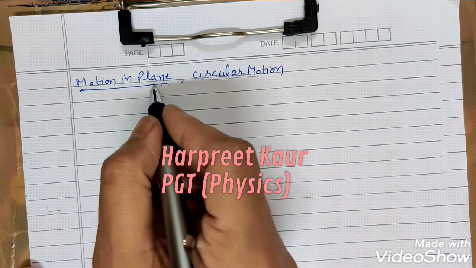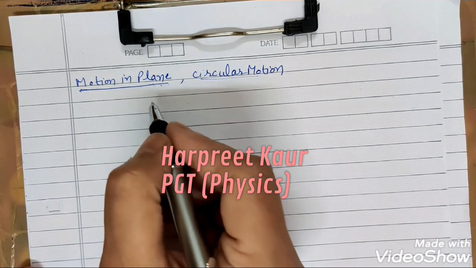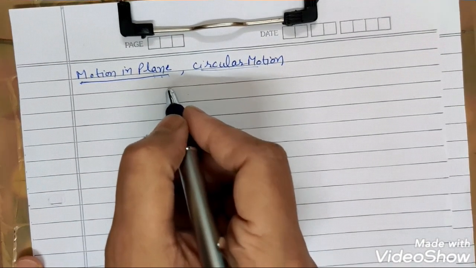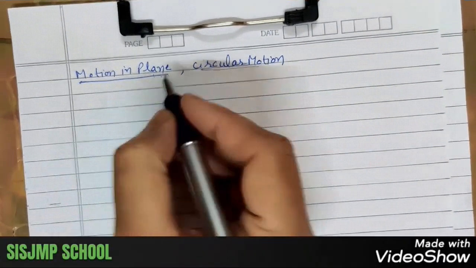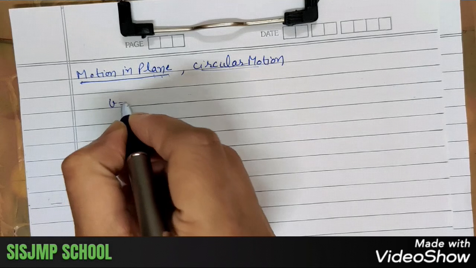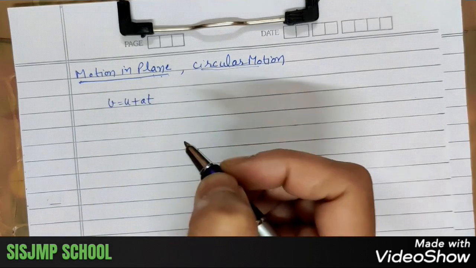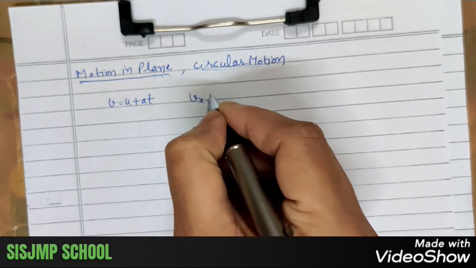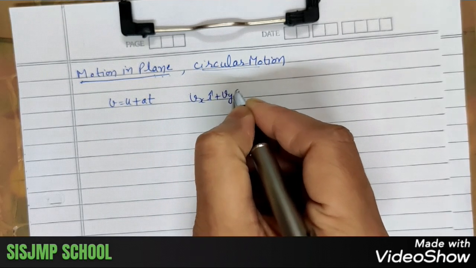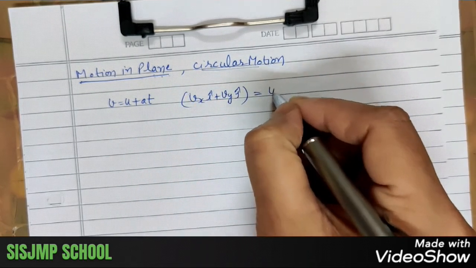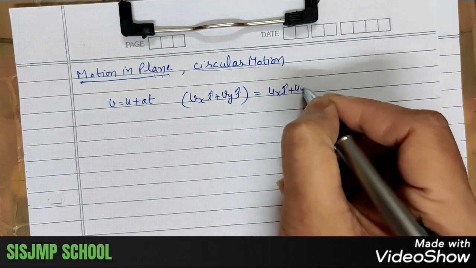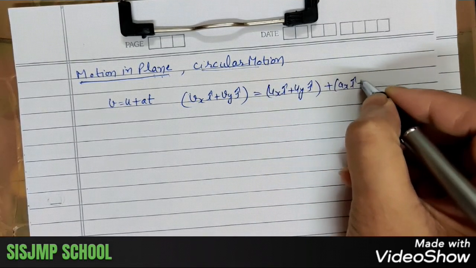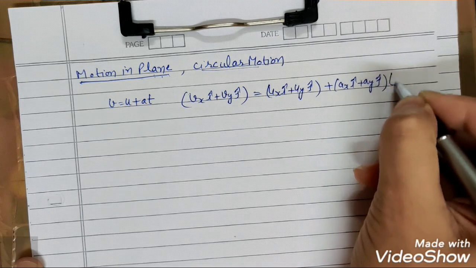When we explain motion in a plane, the different equations of motion must be expressed in two coordinates, let's say x and y. Like this equation of motion, v = u + at, we have to express it in two coordinates: vx i + vy j = ux i + uy j + (ax i + ay j) t.